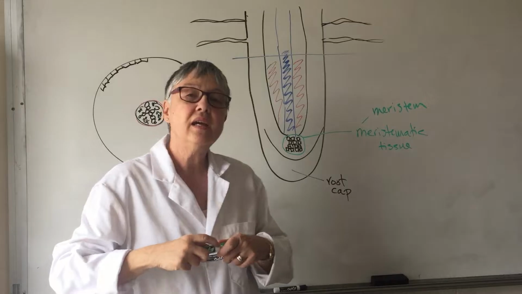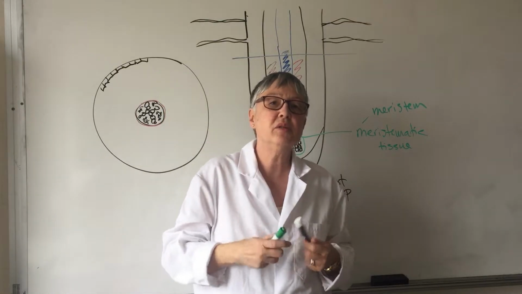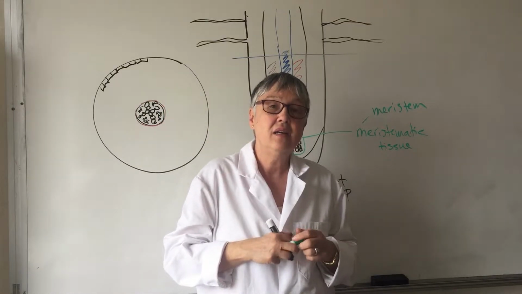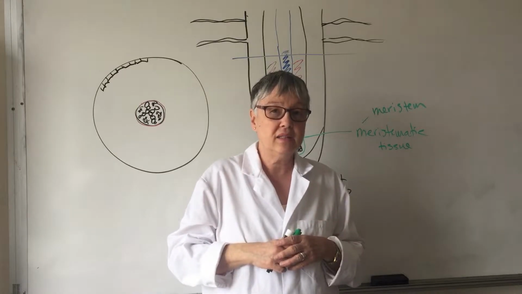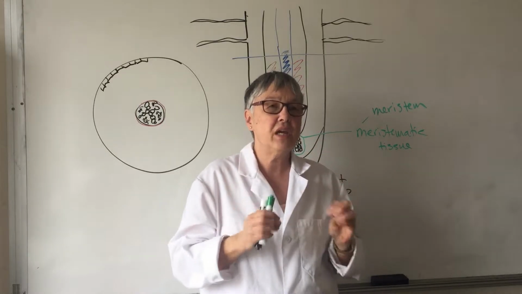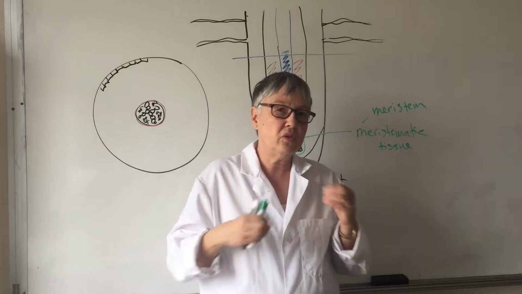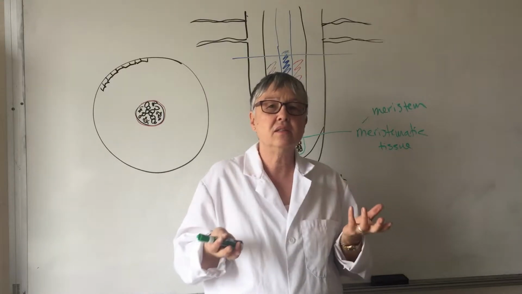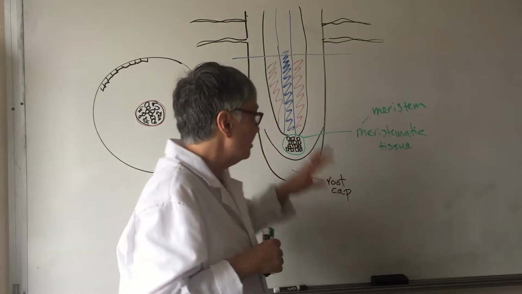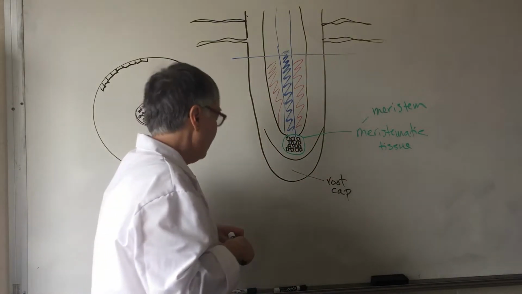And that is a group of cells that has the ability to continue to divide throughout the life of the plant. And there's only certain locations in a plant where cells are still able to grow after the plant is somewhat mature. And this is one of them, in the root.